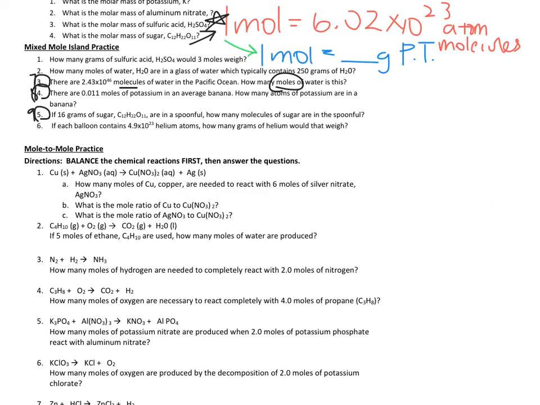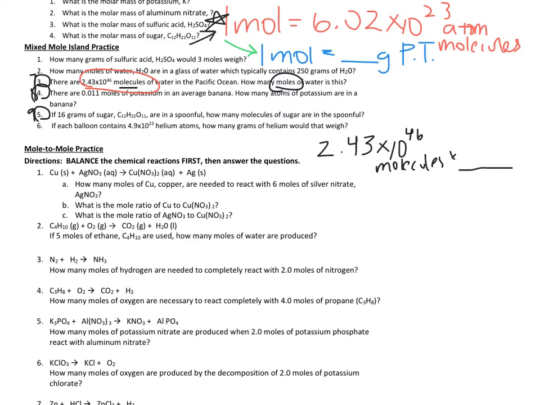All right, so what we do is we always start with what we're given in the question. In this case, it's 2.43 times 10 to the 46 molecules. So we're going to start our calculation with that. And then we're going to set up our conversion factor.